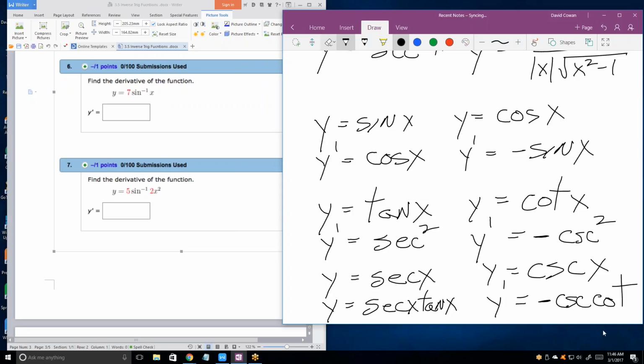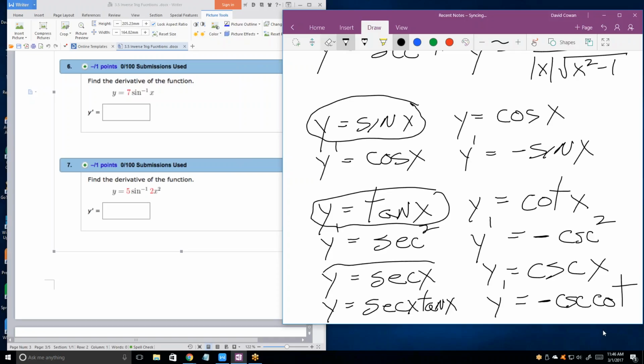So notice that the derivatives of, I'm going to call these primary, even though math doesn't call them primary, I'm distinguishing between the ones that have a co in front and the ones that don't. I'm saying my primary trig functions don't have the co in front. In other words, you have to memorize these three.